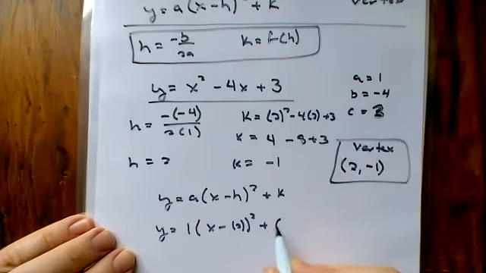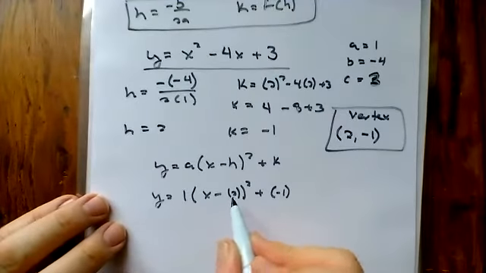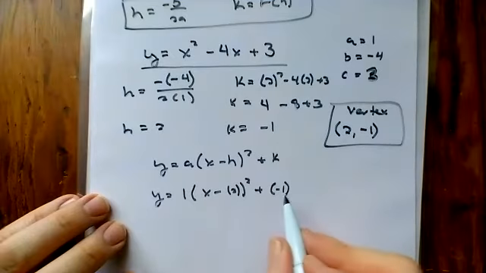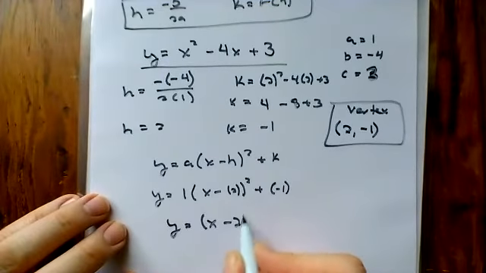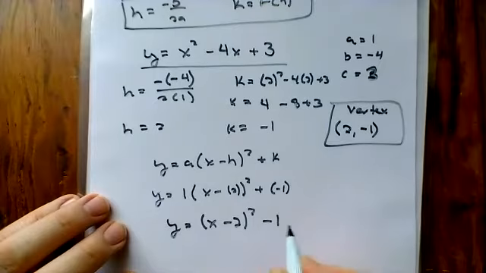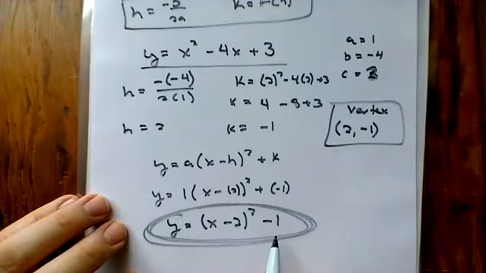And then plus a negative 1. I'm going to go ahead and resolve the signs. I don't need the double set of parentheses here, and I don't need it there. So this is just going to be y is equal to x minus 2 squared minus 1. This is what this is going to look like.